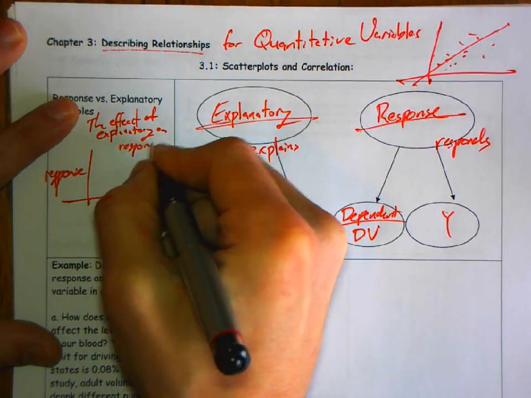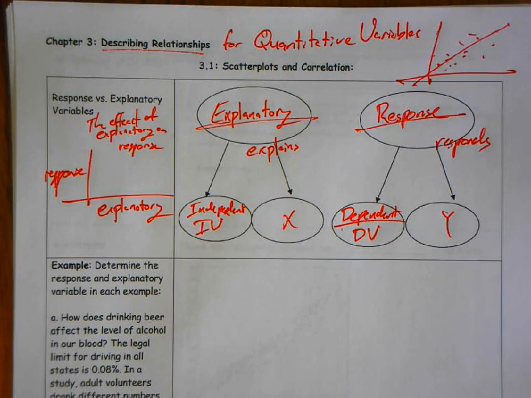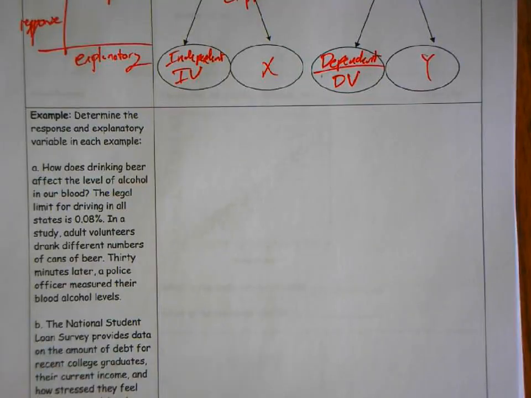Are you going to write the words explanatory and response? No, you are going to write the words in context. Thank you very much. All right, so determine the explanatory and response variables in each example. Take a moment to read through these. This would normally be a chance where I'd say, hey, talk to your neighbor, but you don't have a neighbor. So pause it. Think about it for a second. Thank you for pausing it.